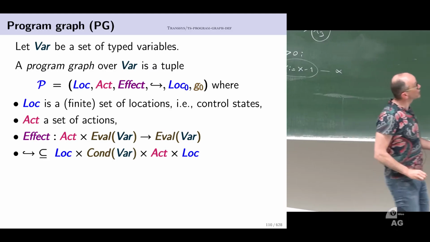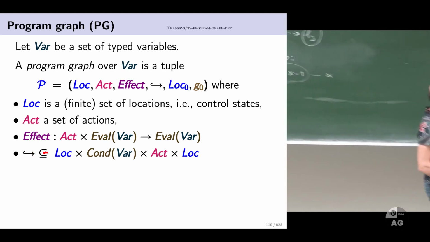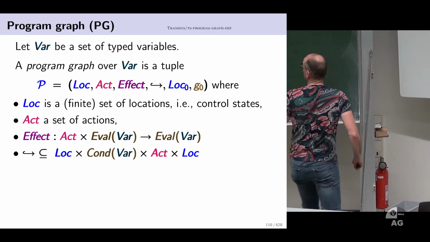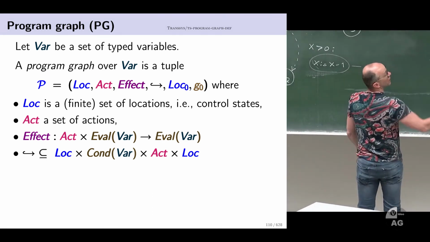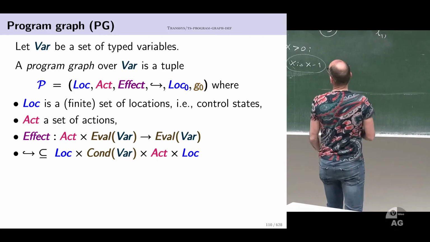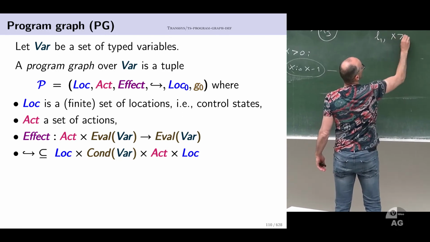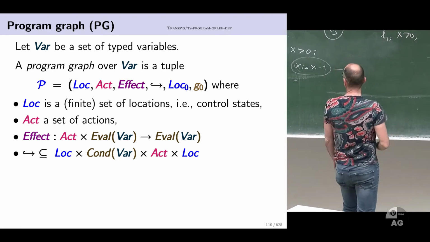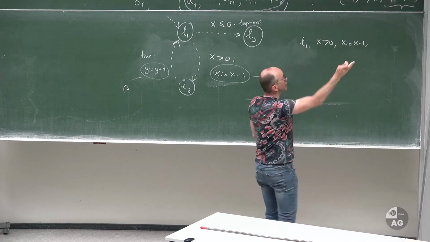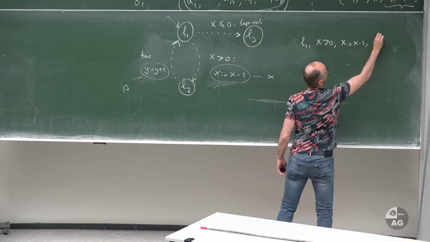So this relation over here is exactly the relation that goes from Loc, conditions over the variables, and Act to Loc. So for instance, in my example, an element of this relation is L1, a condition, x larger than 0, an action, x becomes x minus 1, and another location, in my case, L2.